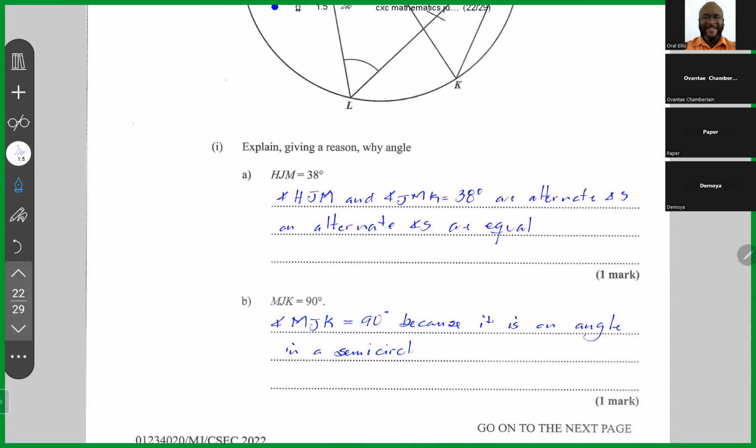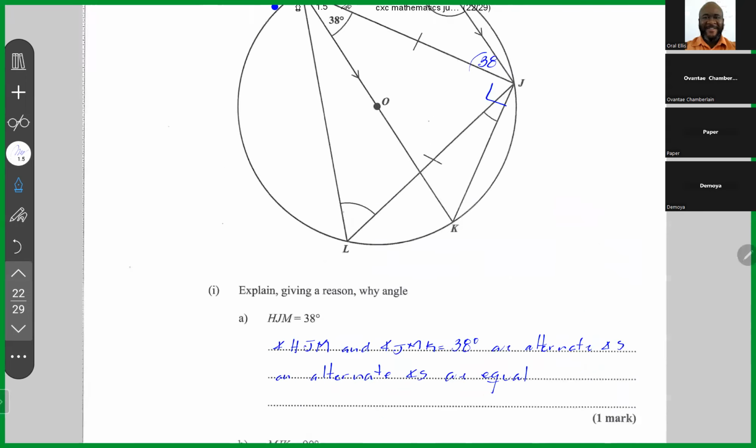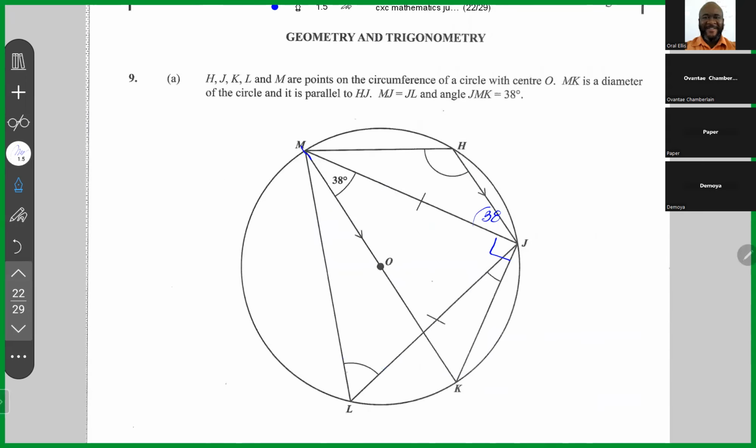All right, so let me just go back up and show you that. MK there is the diameter, and MJK is the angle that is equal to 90 degrees, and it's called an angle in a semicircle, and the angle in a semicircle measures 90 degrees.